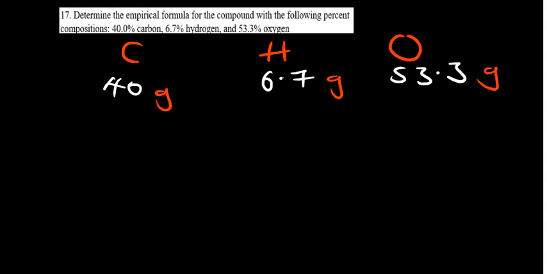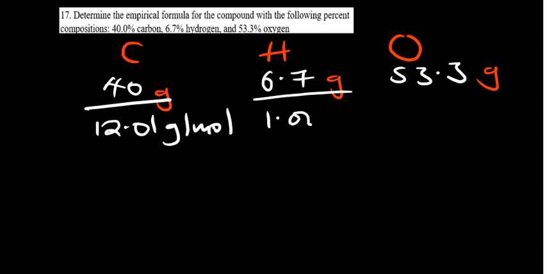Remember we said our number of moles is given by the mass over the molar mass. So we're trying to determine the number of moles, so we can divide by the molar masses. The molar mass of the carbon is 12.01 grams per mole. Then the molar mass for hydrogen is 1.008 grams per mole.